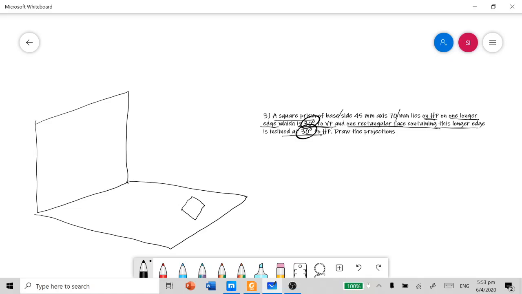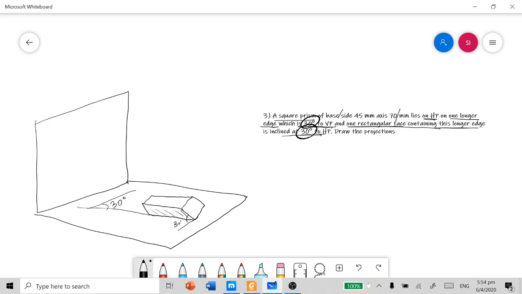In the meantime, the rectangular face containing that longer edge is going to make 30 degree with the horizontal plane, and that longer edge is making 30 degree with VP.